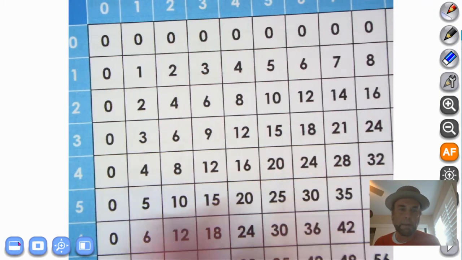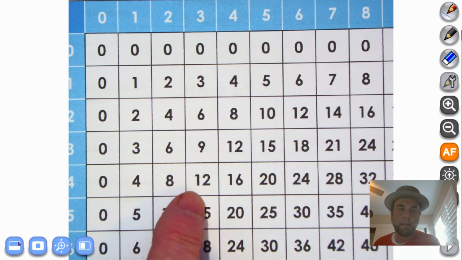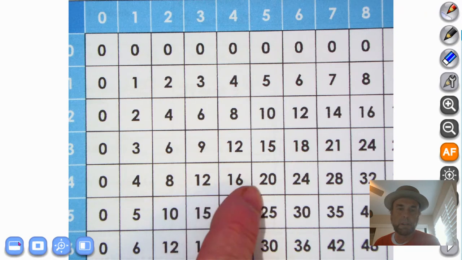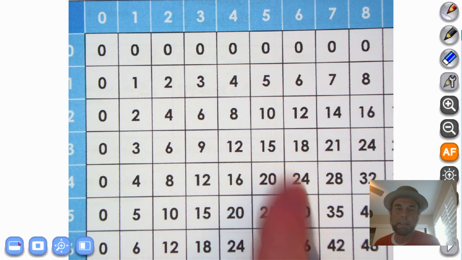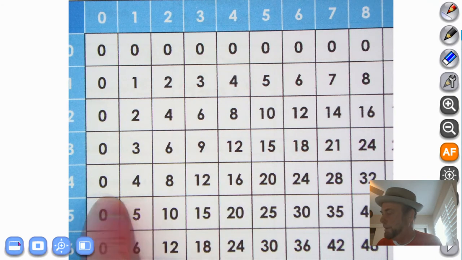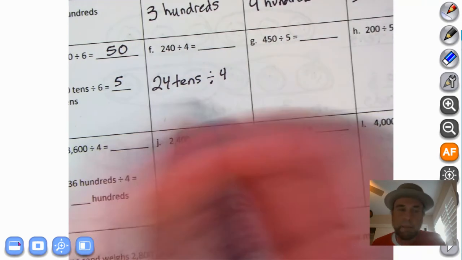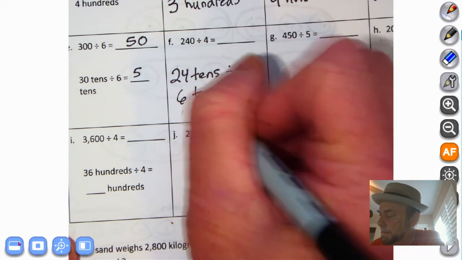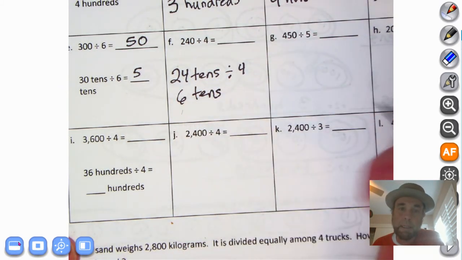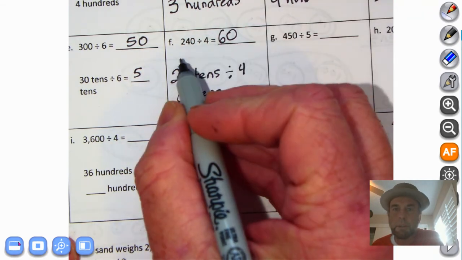So I'll go, okay, there's my 4, 8, 12, 16, 20, 24. So 4 times 6 is 24. That's how this works. You have one in your Avid agenda. I'm going to have a nice one for you for meal pickups. So 4 times 6 is 24. But this is 6 tens. What's 6 times 10? 60. So 4 times 60 would equal 240.